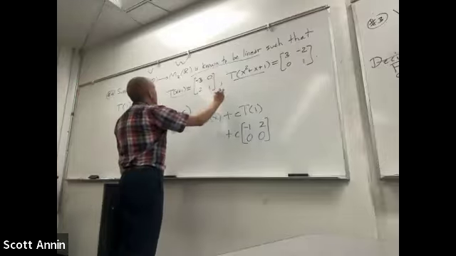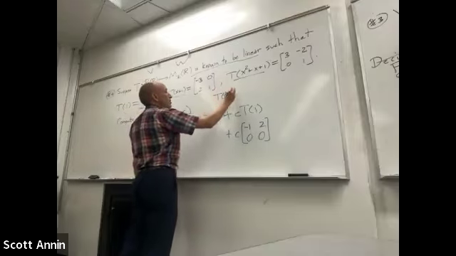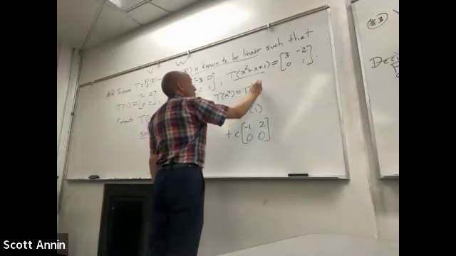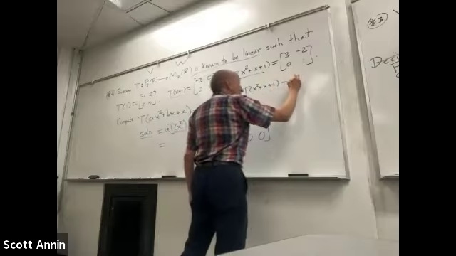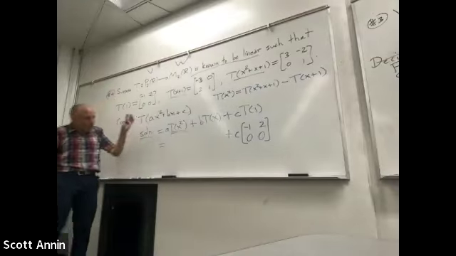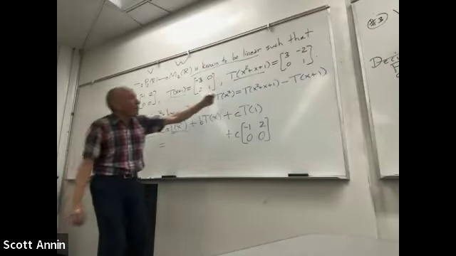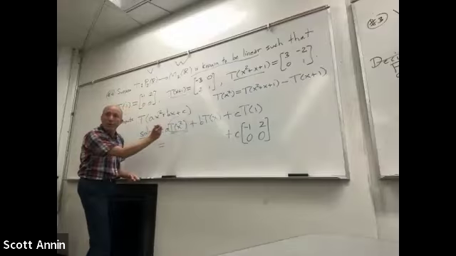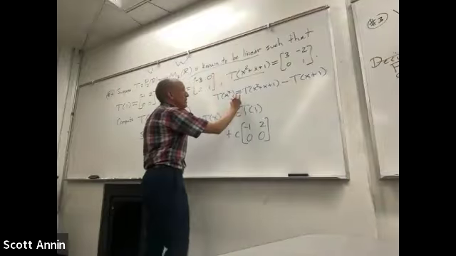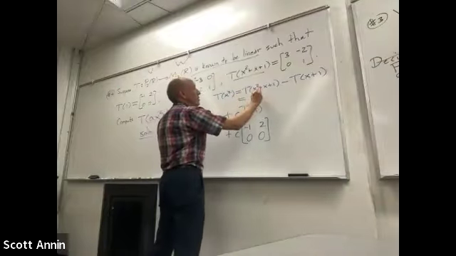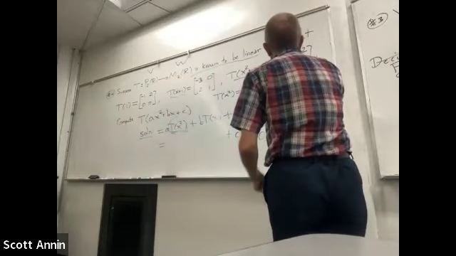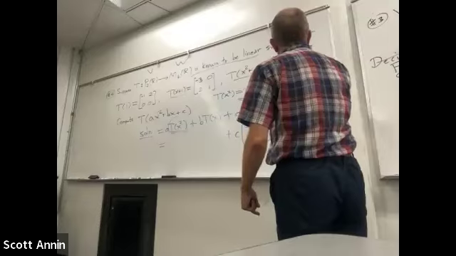So if I want to know, let me just do this off on the side. What is T of x squared? I can just treat it as T of x squared plus x plus 1 minus T of x plus 1. So you just subtract off. You rewrite the one that you want to know in terms of two of them that you already do know. And this just becomes whatever it is, this matrix 3, -2, 0, 1, minus -3, 0, 2, and 1.